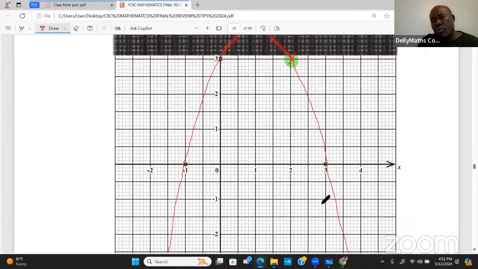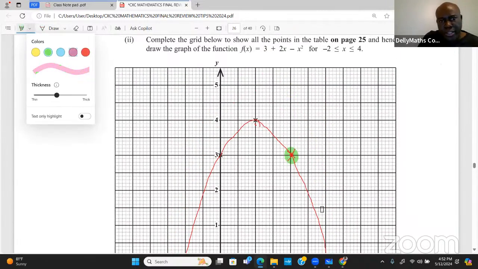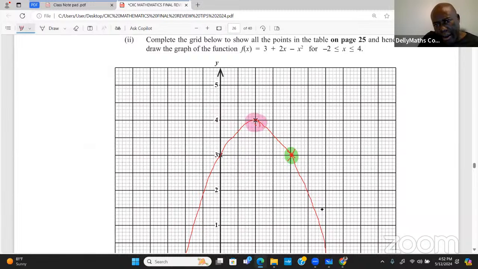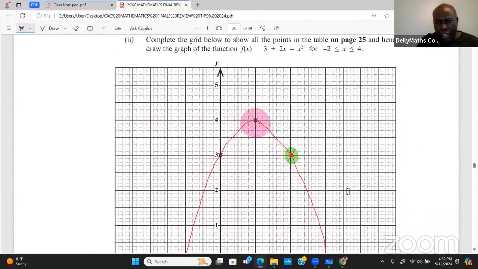Let's go back to it. You can see the vertex. I'm going to put the vertex in pink. So my vertex is in pink right there. My vertex is actually where 1 meets 4, that is (1, 4).